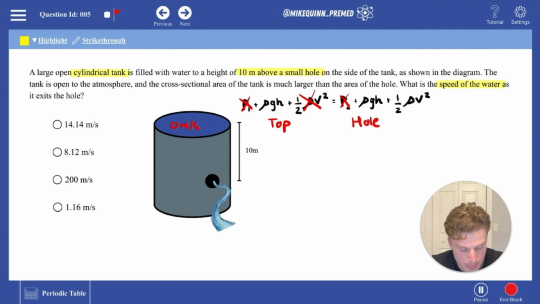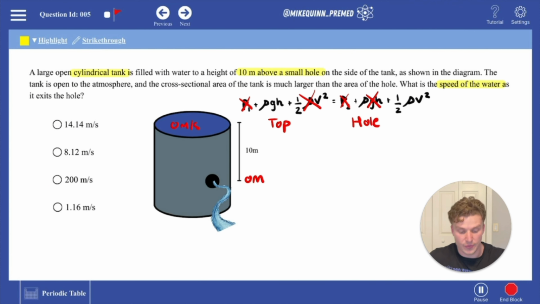Another thing we can cancel out is this entire term over here, and the reason is we're going to call the hole 0 meters, and then measure upwards from there. That is the hole. So if we use our height term here and call it 0, we cancel that out.